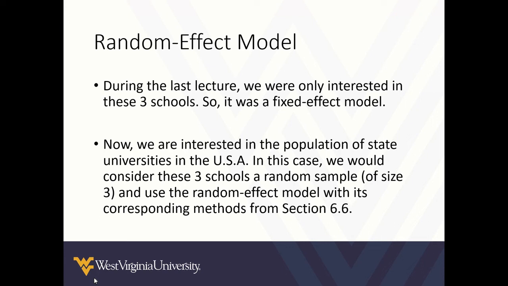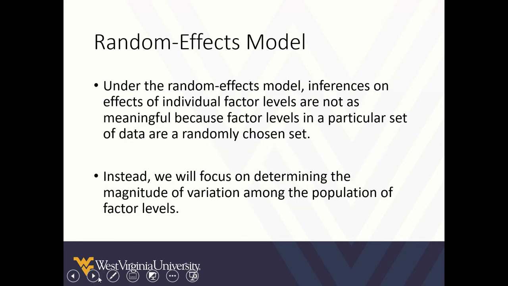If we were interested in the entire population of state universities in the US, that would be a case where we would consider our 3 schools that we sampled as a random sample of size 3 that would represent our entire population. And so for this, we would use a random effects model, and its corresponding methods used in chapter 6.6 in our textbook.